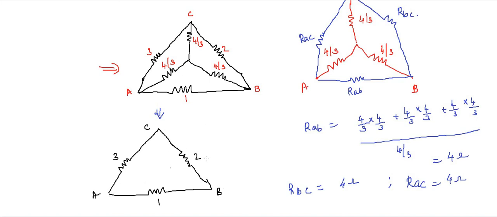Here this is actually the outer delta loop with the given resistors 3, 2 and 1. Now we have an inner delta loop, and each of its resistances, as we got, is 4 ohm.